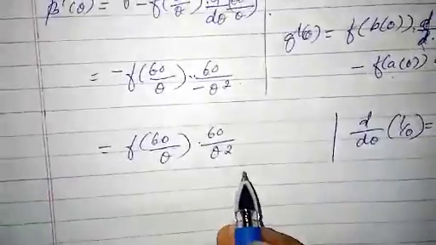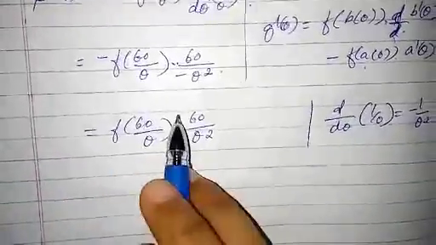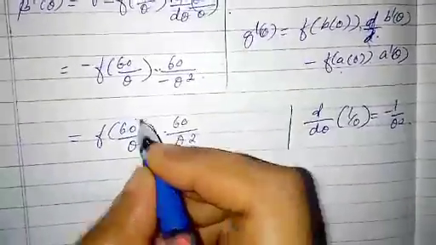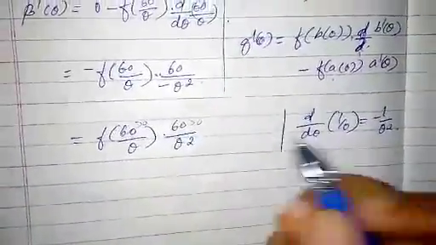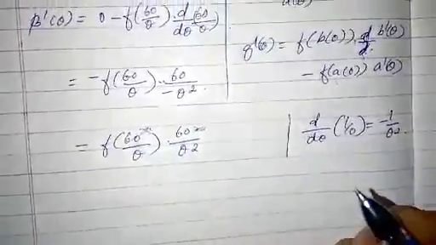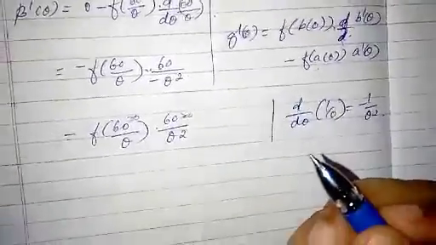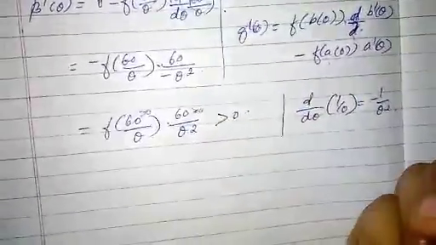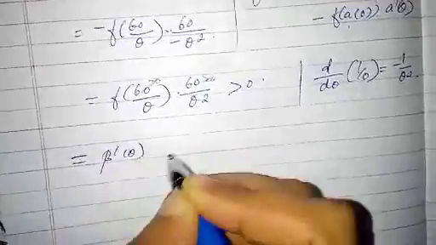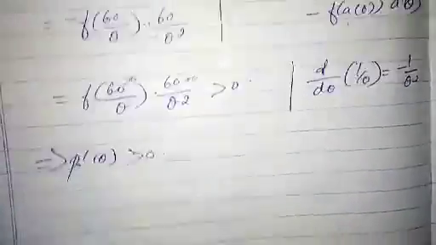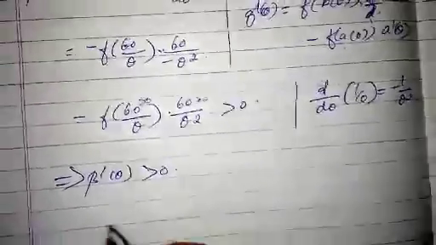Whether it is greater than 0 or less than 0. Here 60 is greater than 0, right? Here also greater than 0. And we know that the range of theta is 0 less than theta less than infinity. So these values are greater than 0, which implies b dash of theta is greater than 0, right?